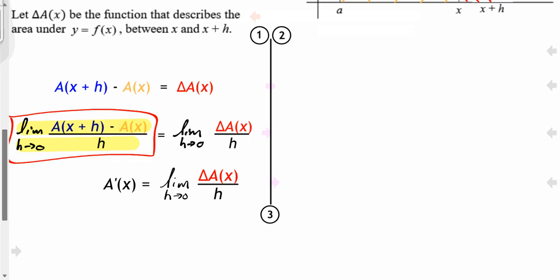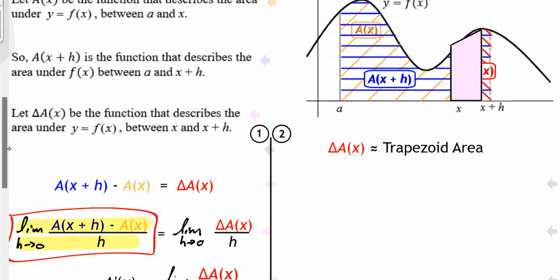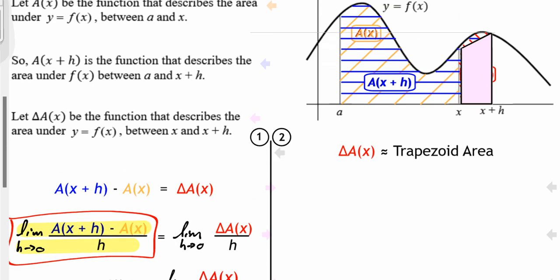So now let's say the area, that delta A, is approximately this trapezoid area. Is it a good approximation? No, it's not great. It's better than a rectangle.